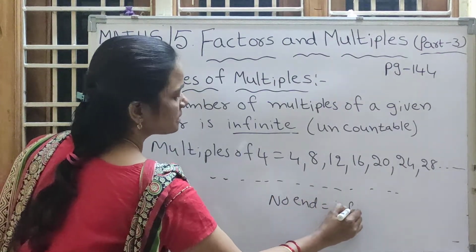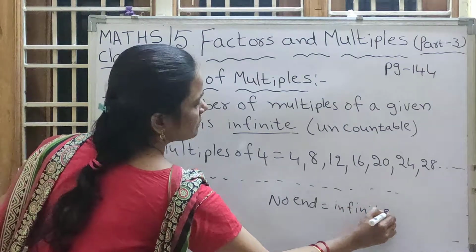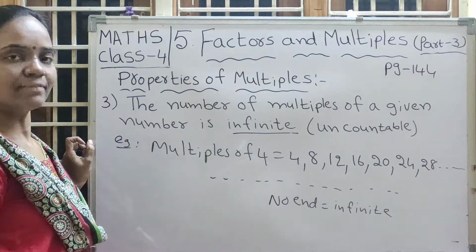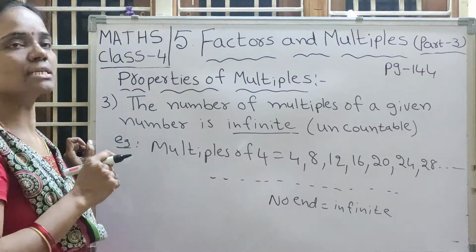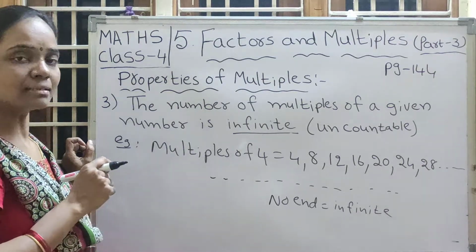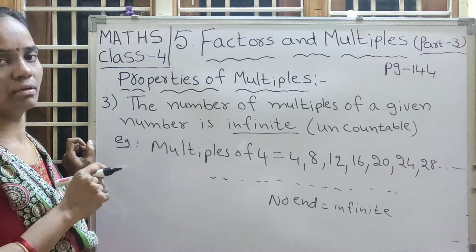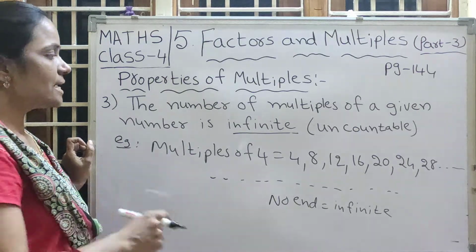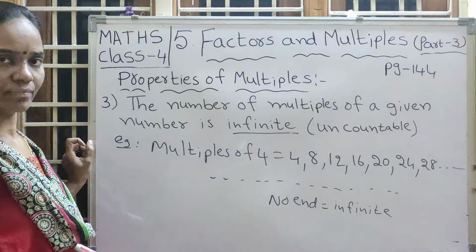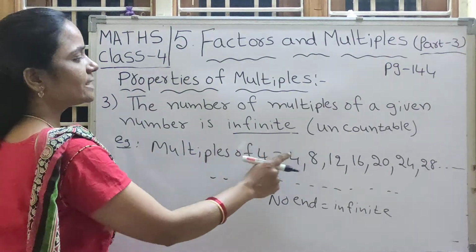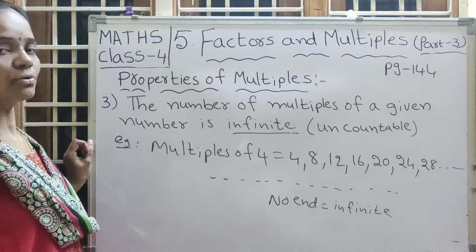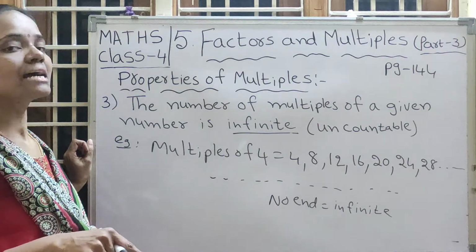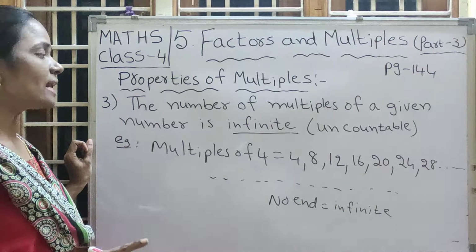Infinity means, can we count the stars, children? No, we can't count the stars because stars are uncountable. Infinite means uncountable. So multiples of a given number are uncountable, they are infinite.